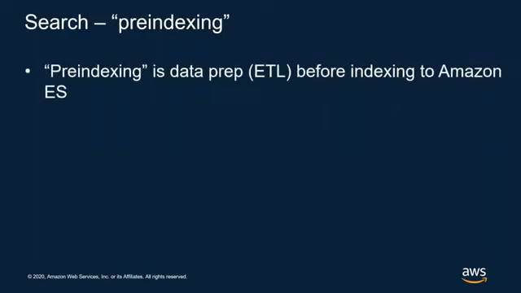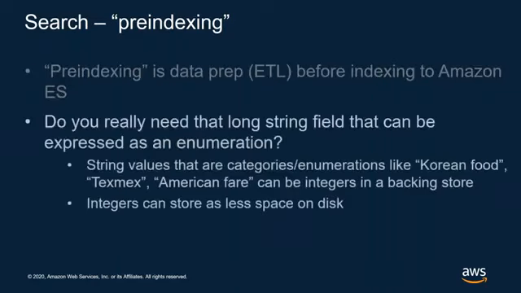Another best practice to use is pre-indexing. With the Amazon Elasticsearch service and Elasticsearch in general, you can use bucketing and aggregations to do your work, but sometimes you really don't have to do a lot of that work. So for example, do you really need a long string field that can be expressed as enumeration? In one of my labs that I offer to customers, I do VPC flow logs.